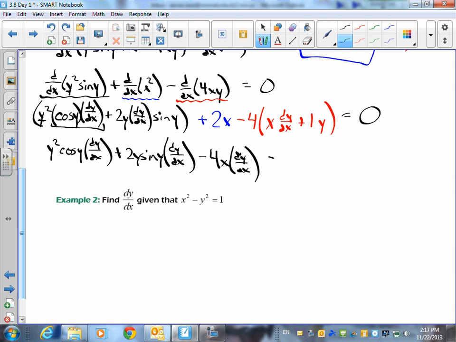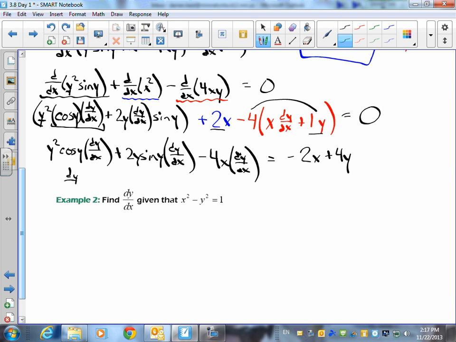So I'm going to do this. Negative 2x plus 4y over on the right-hand side. Good? I took this piece and I moved it over, and I took this piece with the distributed 4 and moved it over. Okay? Now, everything's got a dy dx. And if everything's got the variable I want, let's factor it out. Good so far?